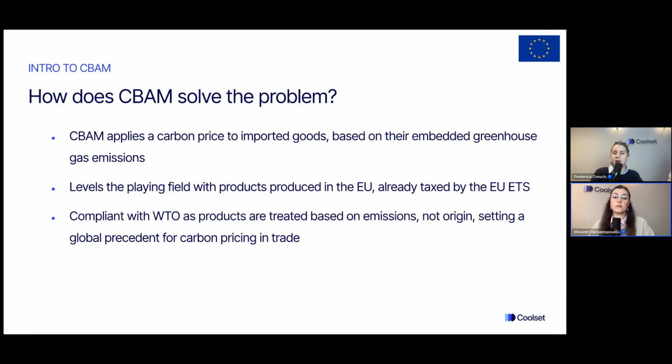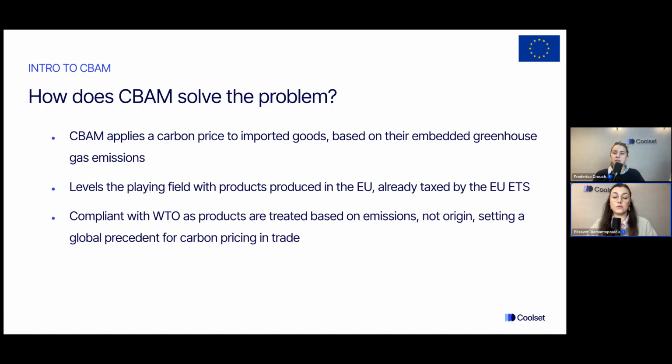As I said, it's applying a carbon price to these imported goods based on their embedded GHGs. So it's leveling the playing field for products produced within the EU and already taxed by the EU ETS, but also those produced outside of the EU.